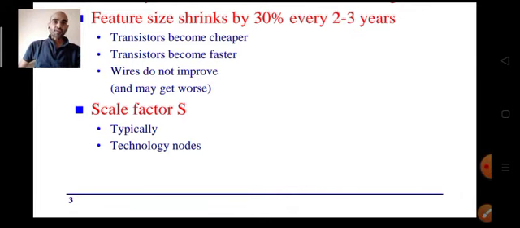So you see, the per transistor cost is reduced, so the transistor becomes cheaper. Then also, as the device dimensions themselves get reduced, the time the charge carriers require to travel will also be small, so the device will be faster, right?